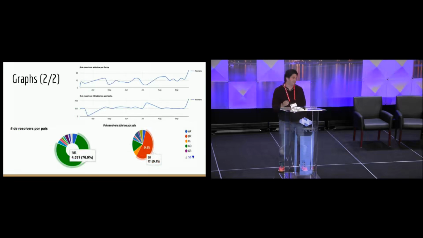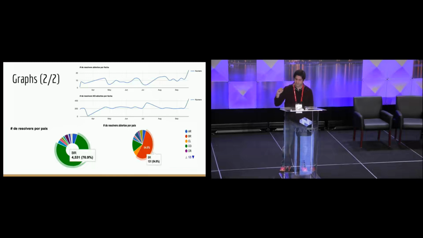This graph is only for the LACNIC region. Sorry for that, I did this slide last night. Since we are getting data since March of this year, we were able to create a timeline. However, we can do this for any RIR and for any country that we wish. Basically, you can see on the first graph the amount of open IPv6 DNS resolvers that we have found in our region, in LACNIC.